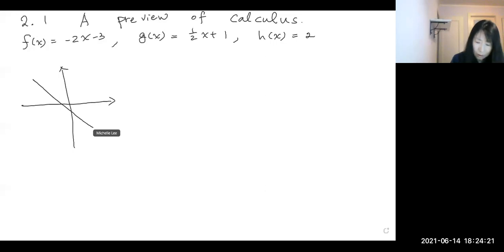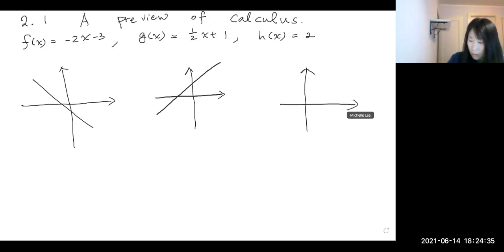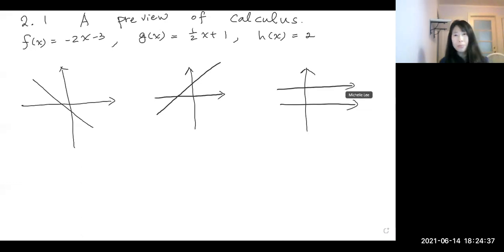And second one, straight line like this, okay? And third one, like this, right? Or the straight line. We call this a linear function, linear equation, okay? We are using function notation, so it's a linear function, right?